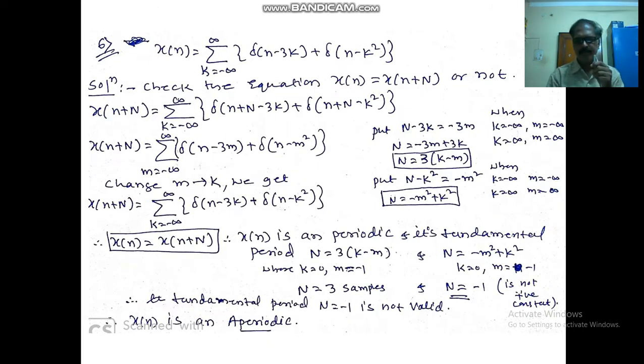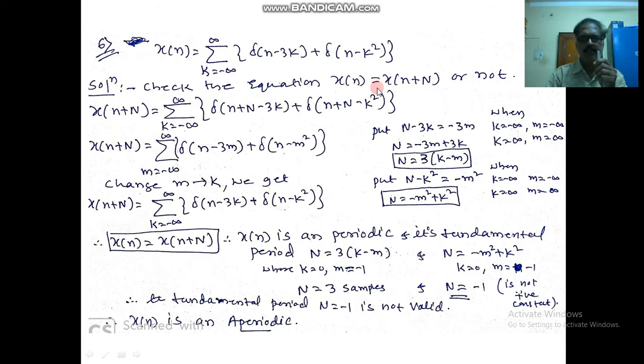Sixth problem. x of n equals sigma k equals minus infinity to plus infinity, delta of n minus 3k plus delta of n minus k square. Again, this type of problem will be checked by verifying the equation x of n equals x of n plus capital N, whether this equation is true or false.